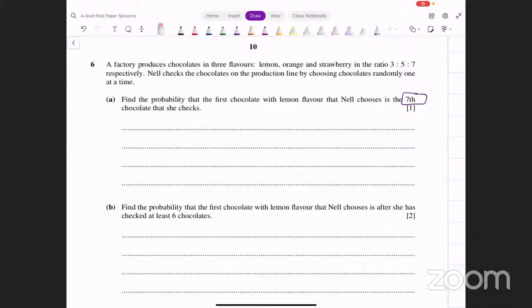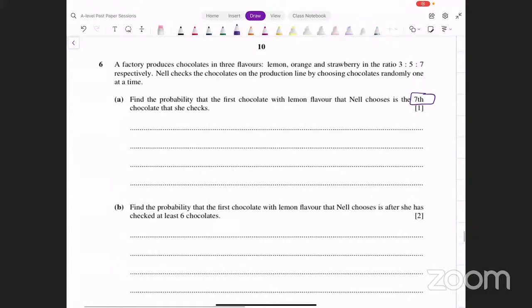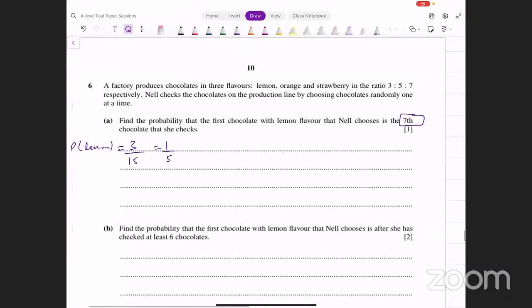Okay, so basically आपकी probability of lemon, अगर आप यहाँ पे लिखें, that is constant, which is 3 out of 3 plus 5 plus 7, that's 15. Lemon की probability आपके पास 1/5 है. ठीक है, lemon की probability आपके पास 1/5 ही आ रही है यहाँ पे. That is not going to change.